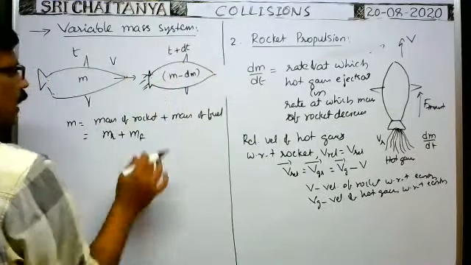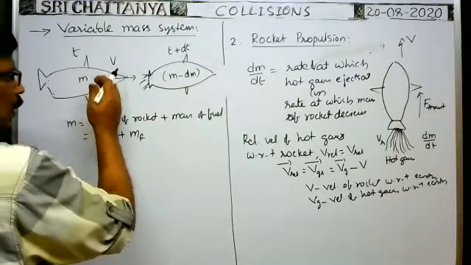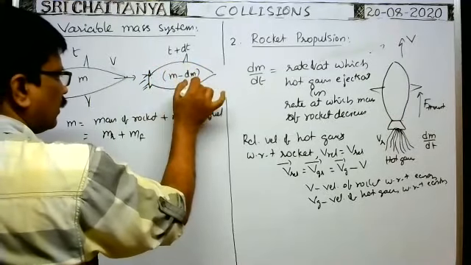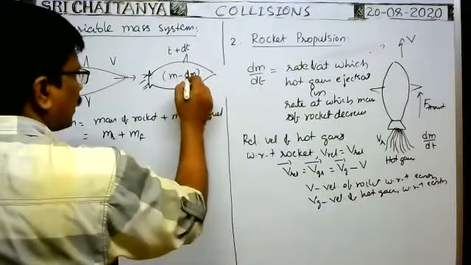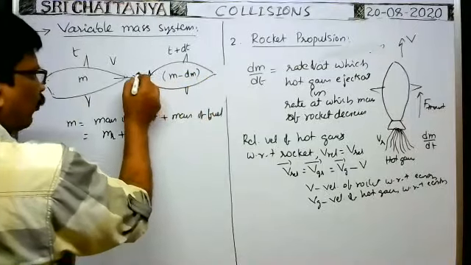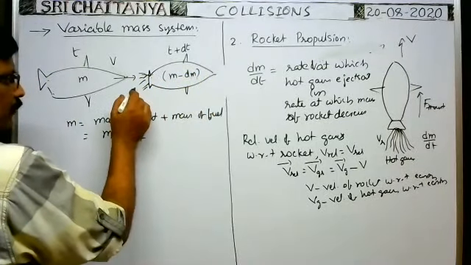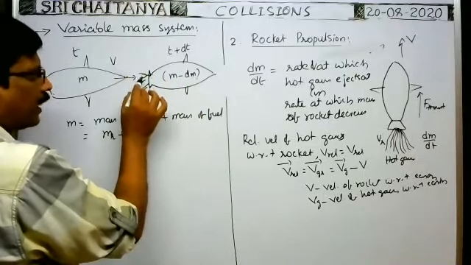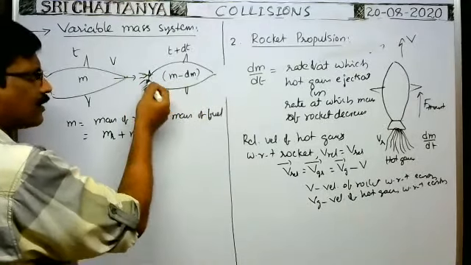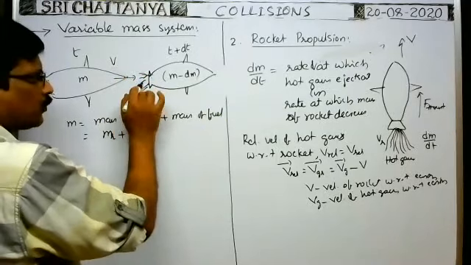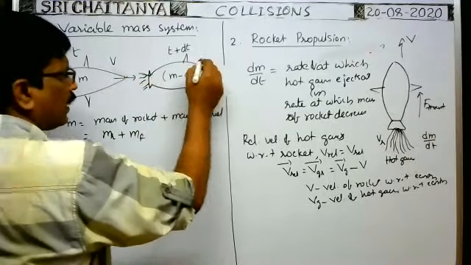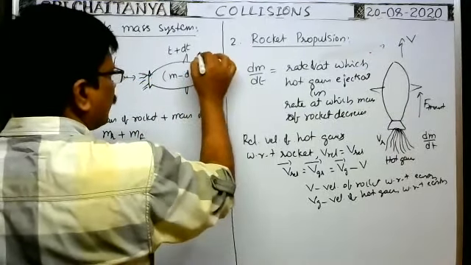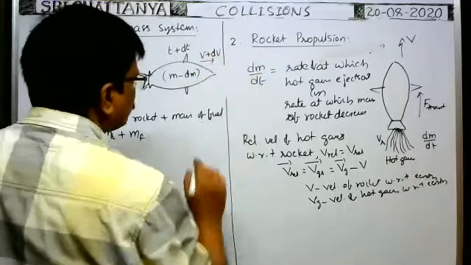Even as the mass of the rocket decreases, the velocity of the hot gases with respect to the rocket, Vr, does not change; that remains fixed. That's why the rocket acquires some velocity, and the velocity of the rocket in this direction becomes say v plus dv.